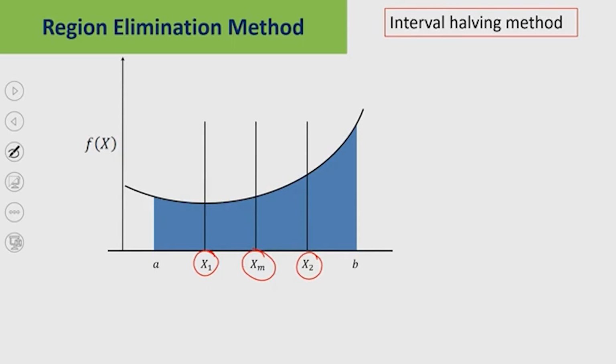So, you are dividing the length between a and b into 4 equal divisions, each with 25%.